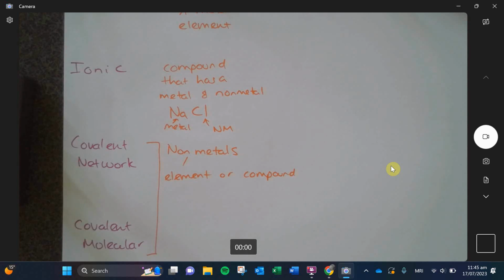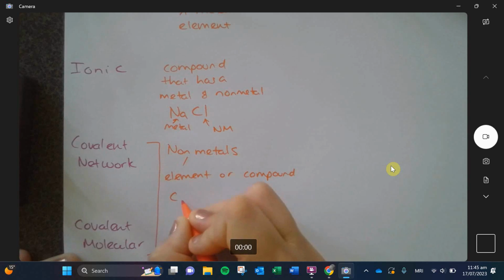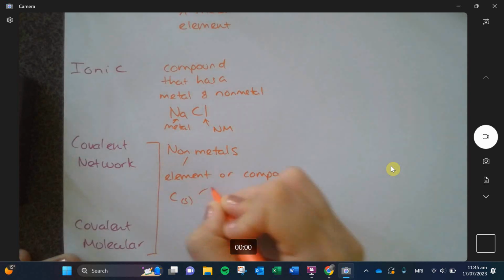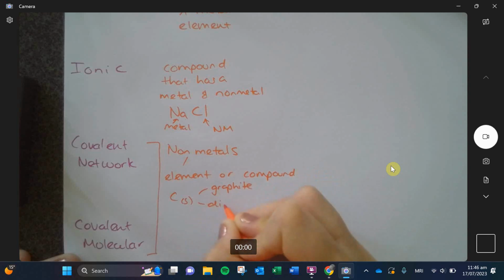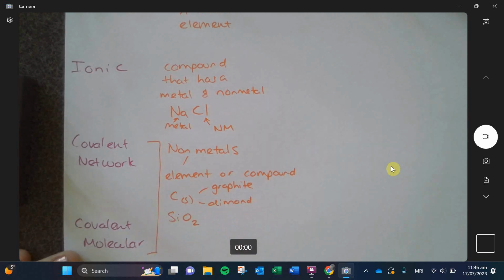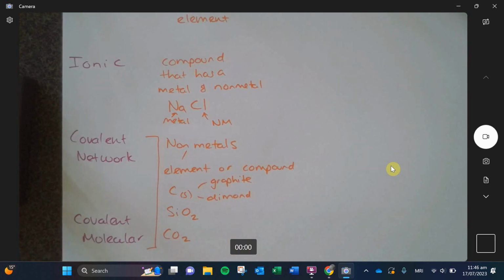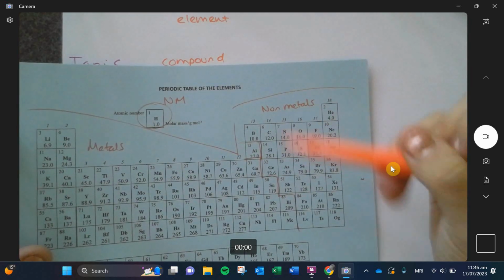So examples could be like carbon by itself. It could be carbon in the form of graphite. It could be carbon in the form of diamond. It could be silicon dioxide. It could be carbon dioxide. All we're trying to kind of gather from that is that when I look at the periodic table and I look to grab these items, they're all coming from the non-metal section.